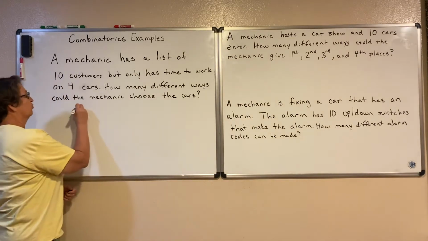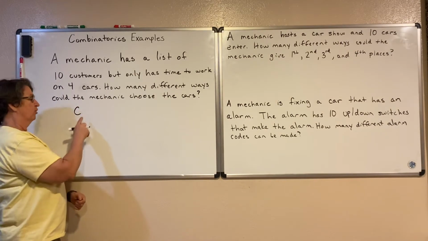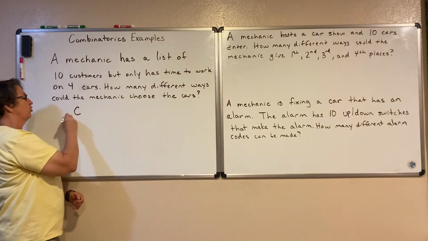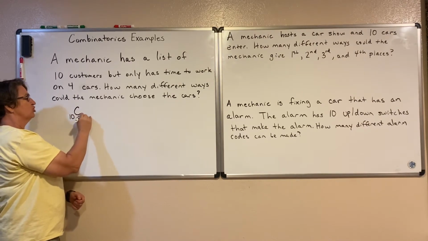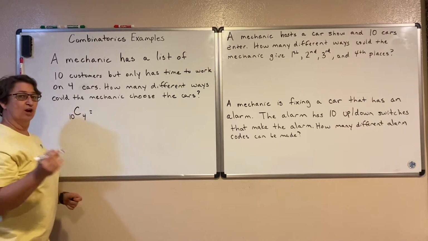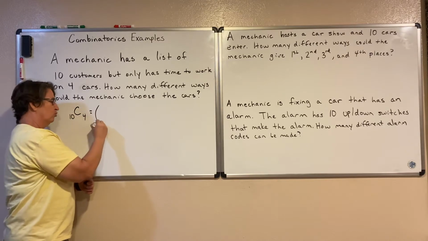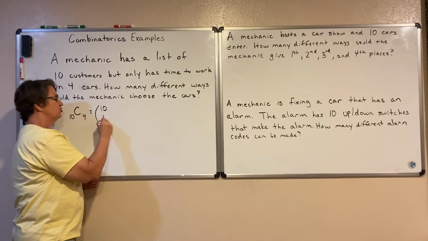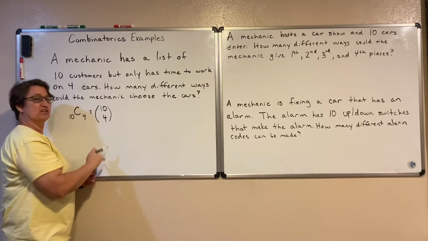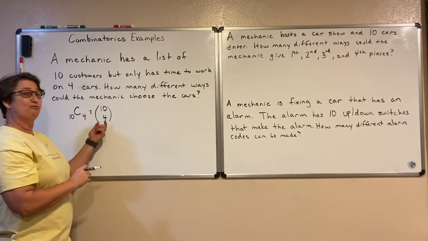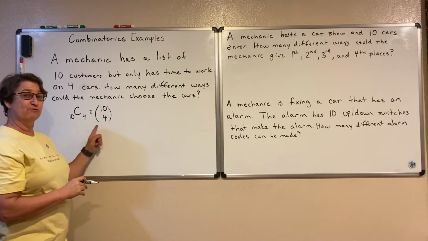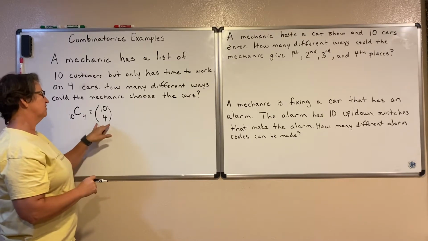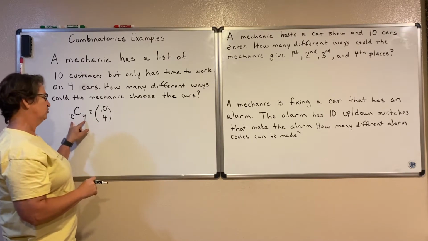So we're going to work with the combination formula where we have a total of 10 cars, and we're choosing 4 of them. We can also write that with this notation where we have 10 choose 4. This is just another notation for combination. It's only for combination, but this is another way to write 10 choose 4.